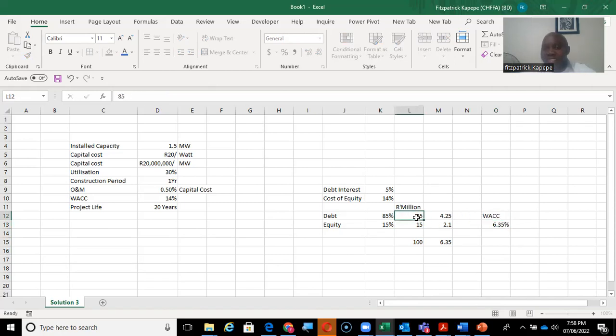So even if you're not given these amounts here, what most people would do is just say equals, you pick the 5% times 85, plus open bracket, 15% equity times 14%. Then whatever number you get in here gives you your WACC.